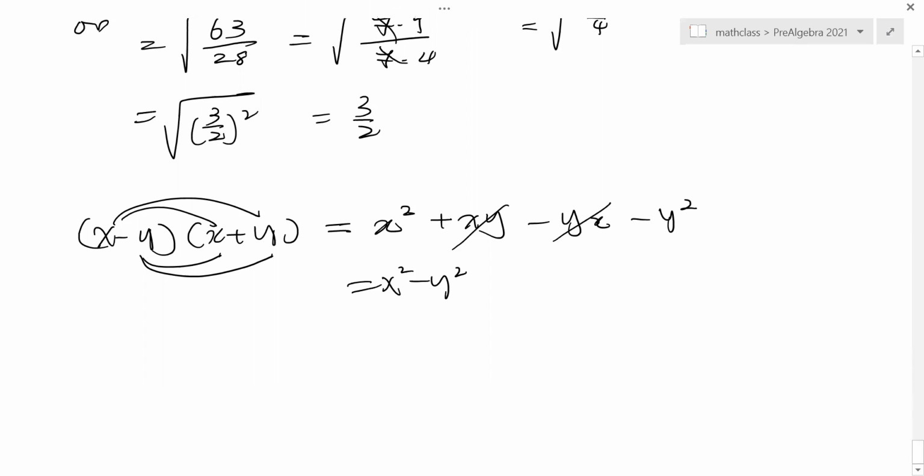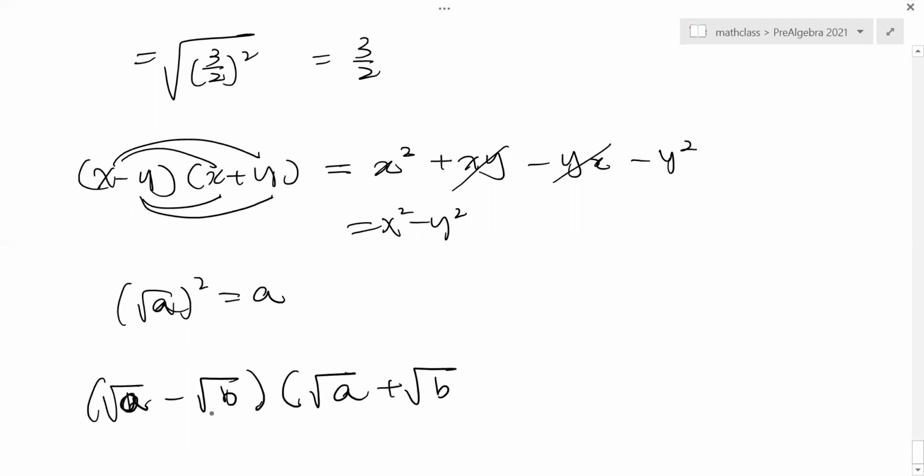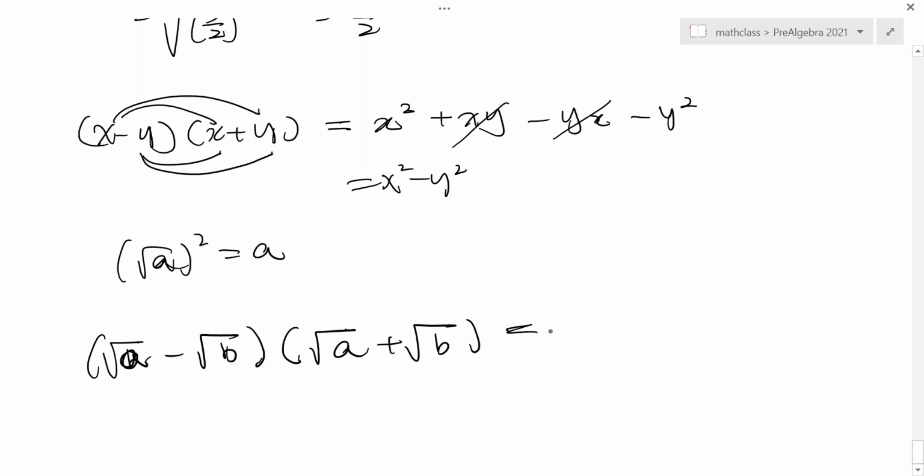And in order to get rid of a radical, you always square, right? The square root of a, squared, is going to be a. So if I replace x by square root of a, and replace y by square root of b, then according to the above formula, it's going to be square root of a squared minus square root of b squared, which is a minus b.